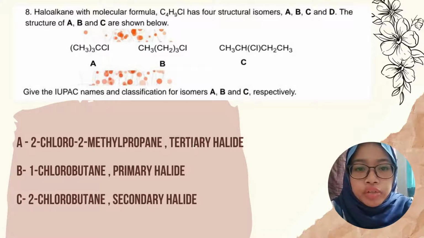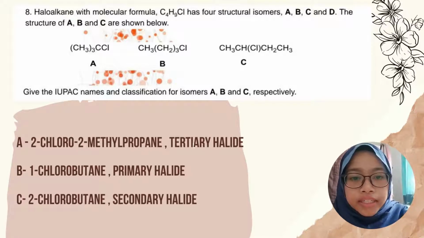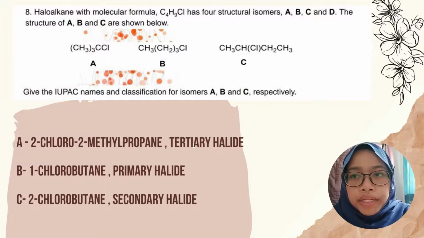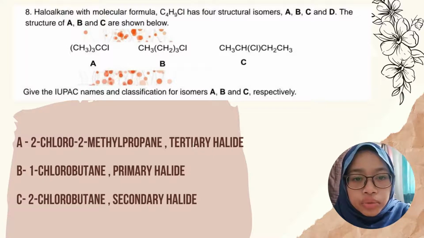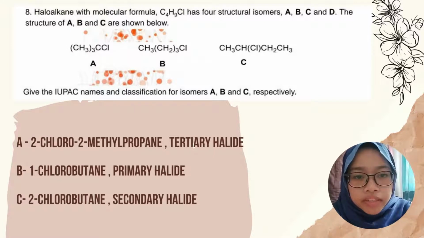Haloalkane with molecular formula C4H9Cl has four structural isomers A, B, C, and D. The structures of A, B, and C are shown below. Give the IUPAC names and classification for isomers A, B, and C respectively.